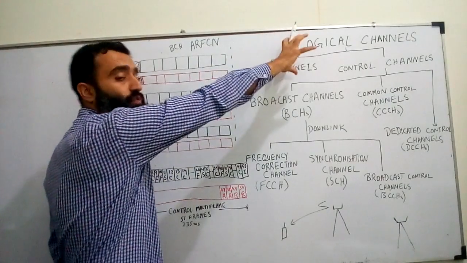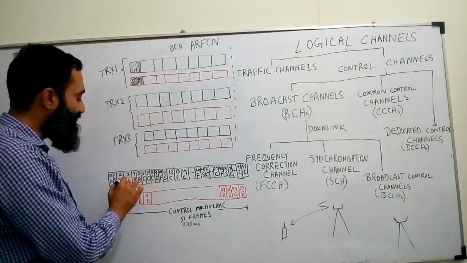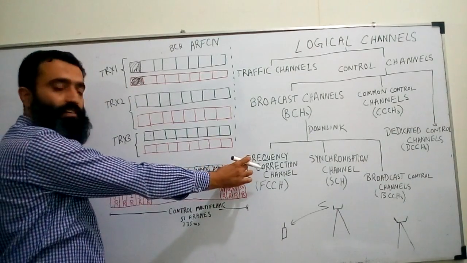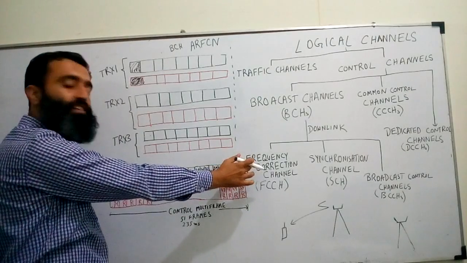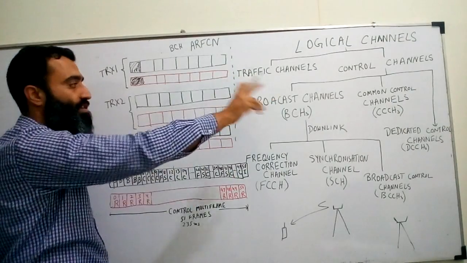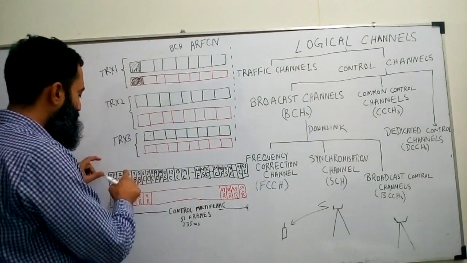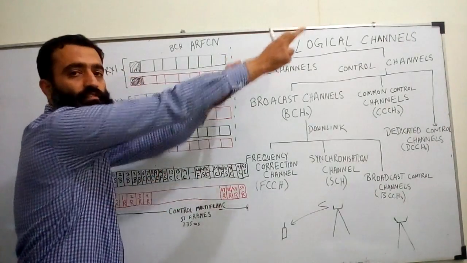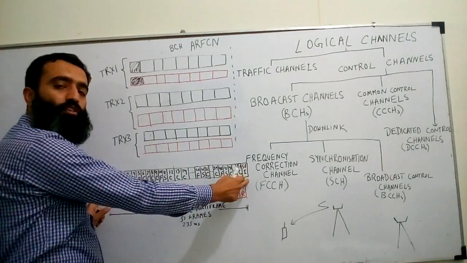Then I have the fourth frame and its first time slot, and I go up to the 51st frame's first time slot. So all the first time slots of the 51 frames are drawn here.